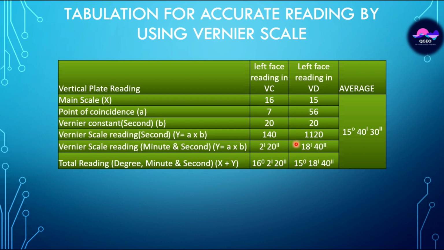So the left face VC reading is 16 degree 2 minute 20 second, and the left face VD reading is 15 degree 18 minute 40 second, and the average of these two is 15 degree 40 minute 30 second. In this way we can calculate the accurate angular reading to determine the height.